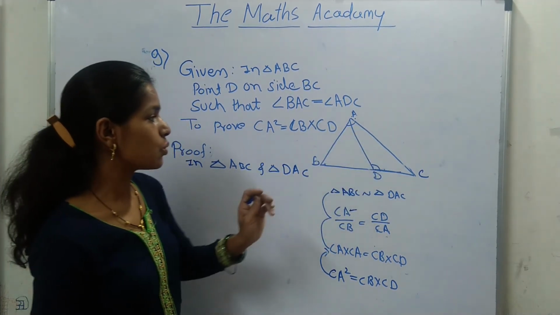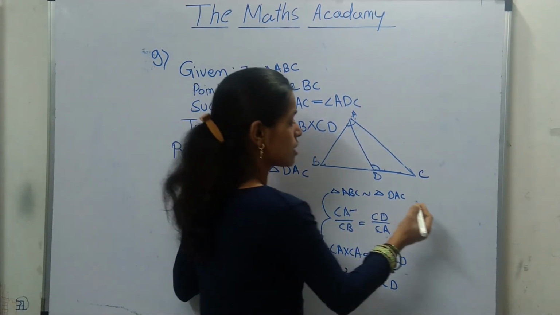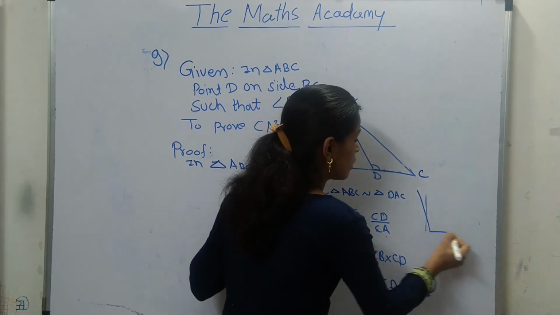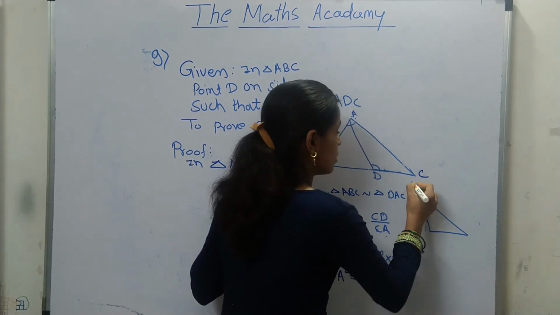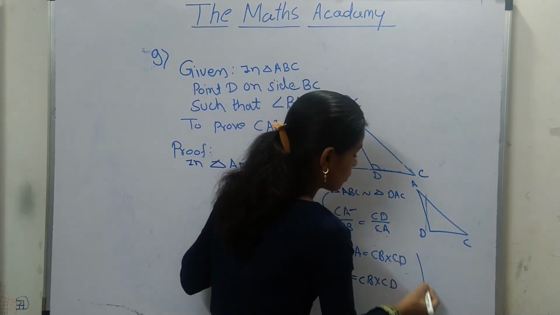We will separate these two triangles and write them in proper one-to-one correspondence. First we will write this triangle ADC, which is the smaller triangle. It is like this, ADC, and the bigger triangle I am going to draw like this.